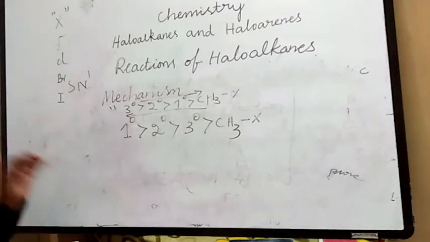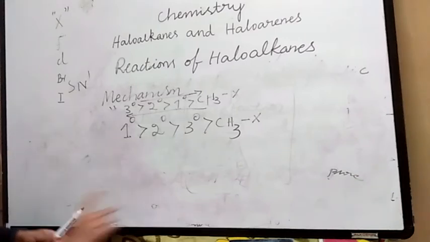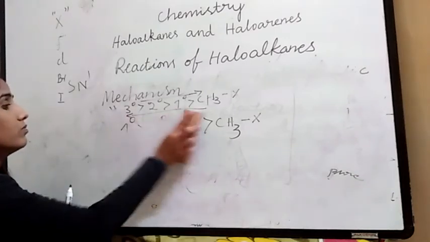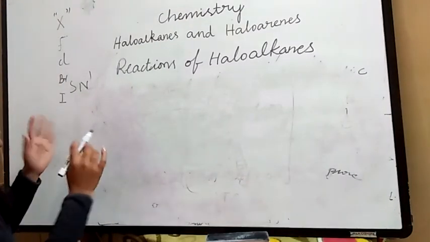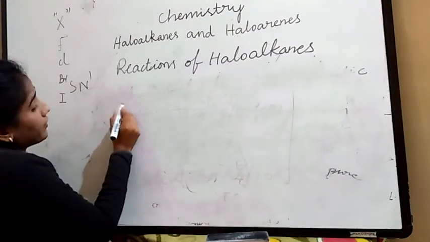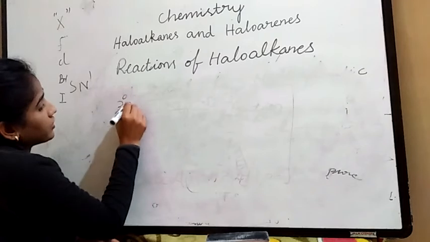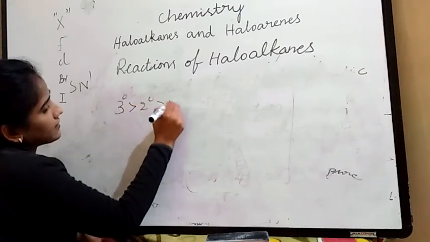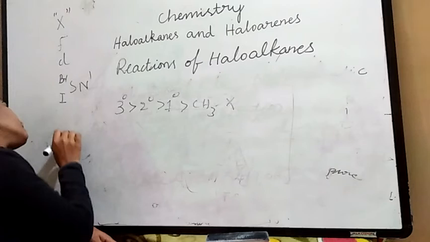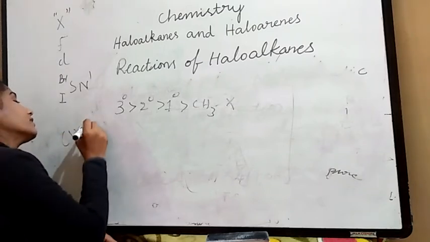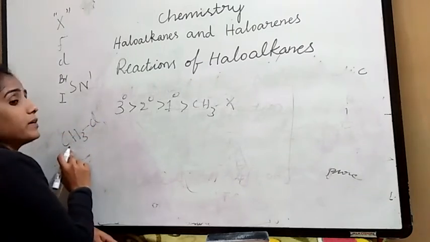So this is the order of reactivity of haloalkanes in SN1 and SN2. You can memorize it like this. In SN1 you are taking tertiary butyl bromide, so tertiary is greater than secondary, secondary is greater than primary, primary is greater than CH3X. In SN2 we are taking a halide CH3Cl, right? This carbon is primary.